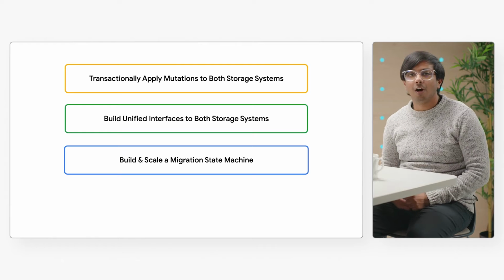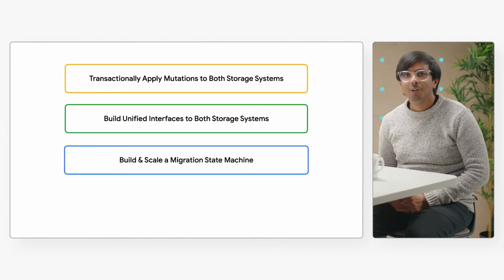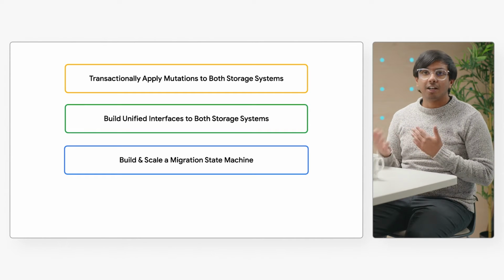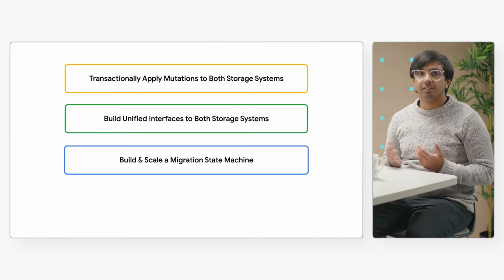Yes, exactly. So now we're getting to the third step that we called the migration state machine. So once the unified interfaces were in place, we could actually now transparently read and write to both our systems. So the state machine that we designed was actually implemented by a migration server with its own Spanner storage to manage that migration process.